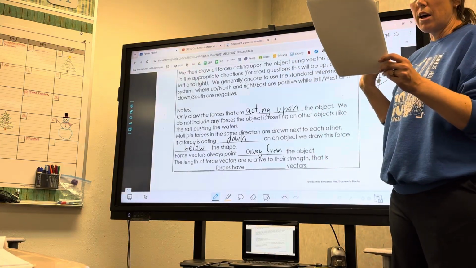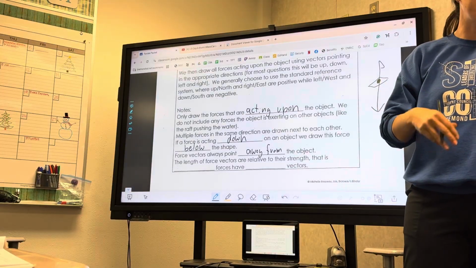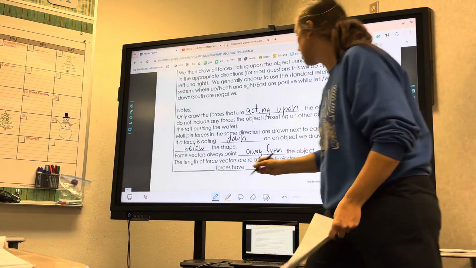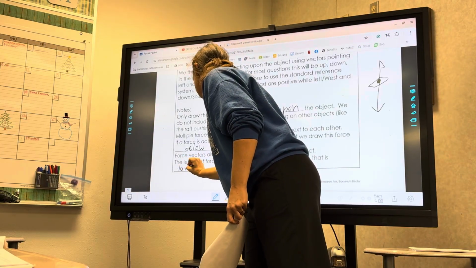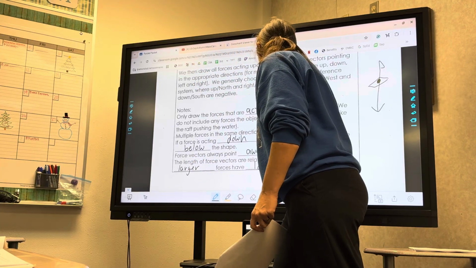Last one, the length of force vectors are relative to their strength. That is, larger forces have longer vectors. Larger forces have longer vectors.